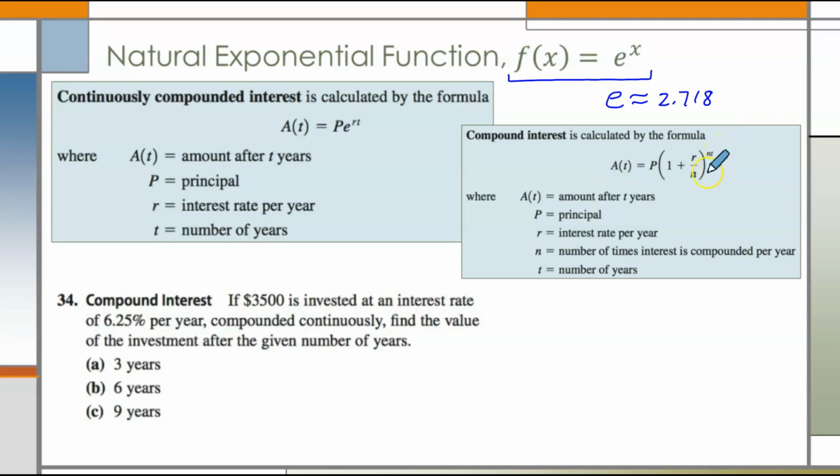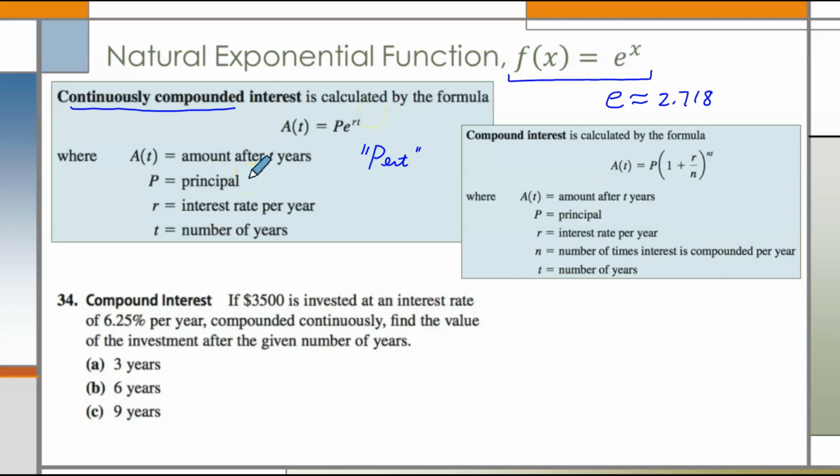Okay, so our clue to use this one was the key wording: compounded daily, compounded quarterly. If it says compounded continuously, then we're going to switch to this formula, which is known as PERT. Principal multiplied by base e raised to the RT power.